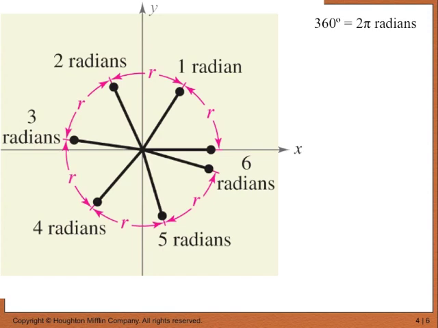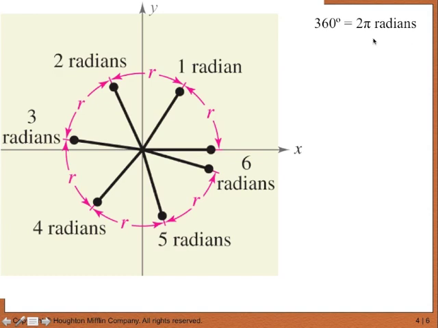And we'll see on the next screen that this will help us to convert radians to degrees and vice versa. But for now, make sure you understand that 360 degrees, which is a full circle, or a full pie if you like, equals 2 pi radians.